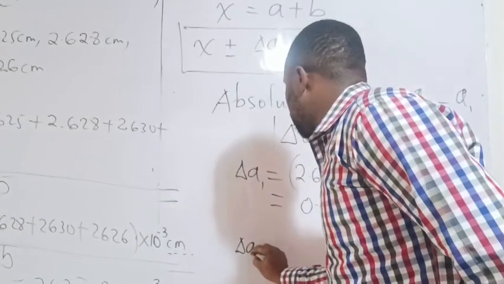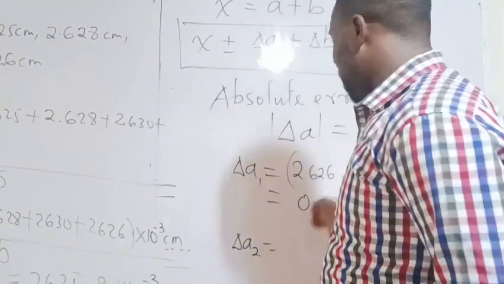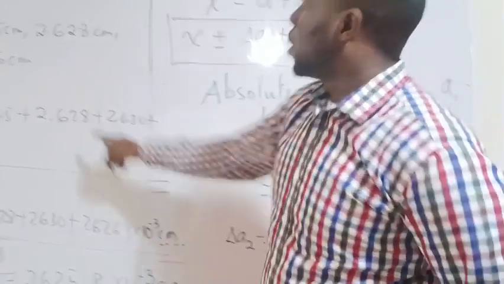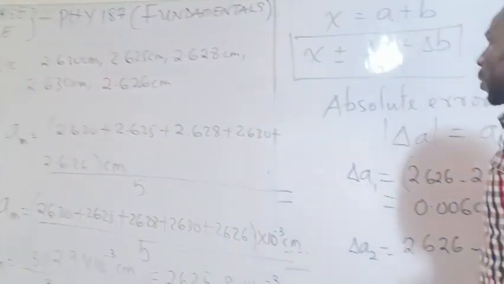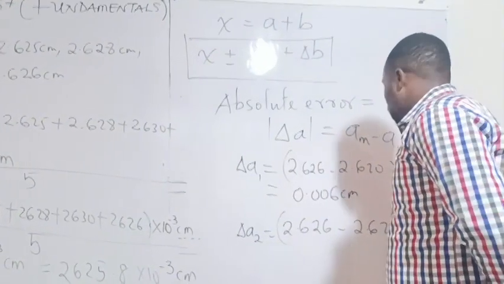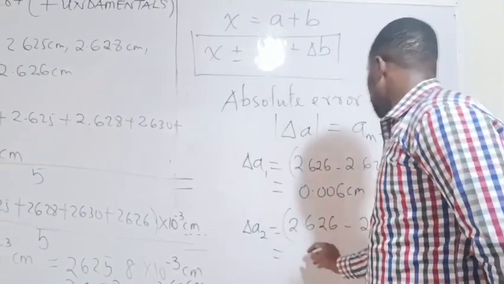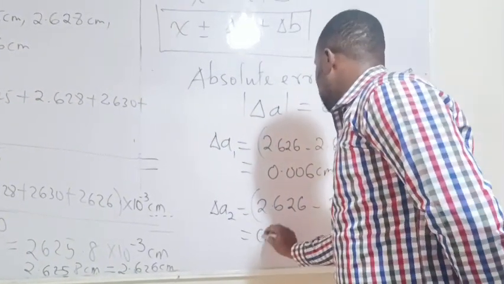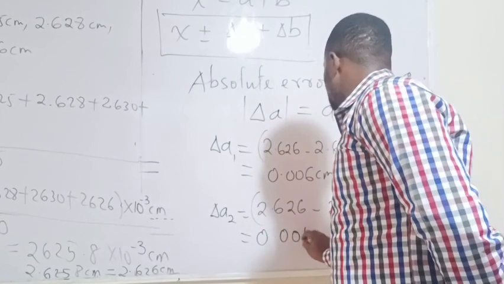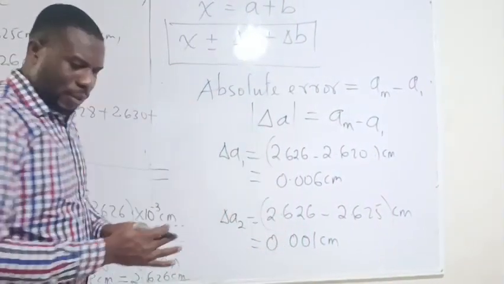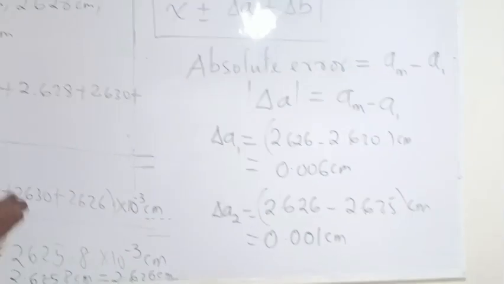The absolute error in the second value would be the mean, 2.626, minus 2.625, all in centimeter. This is 26 minus 25, that's 1, so this is 0.001 centimeter. You could check out the third, the fourth, and the fifth.